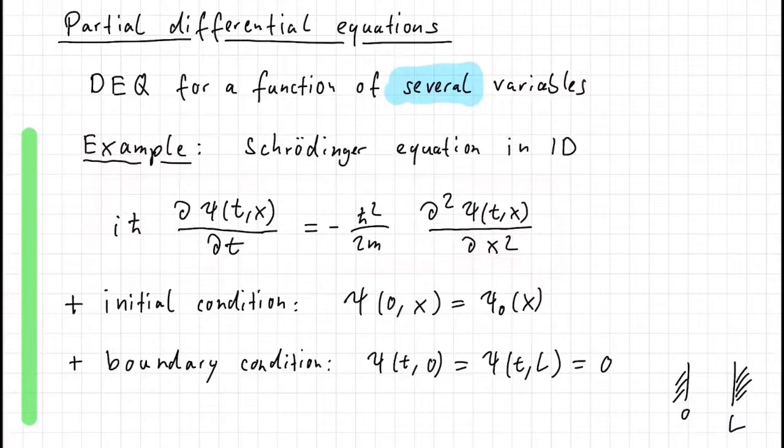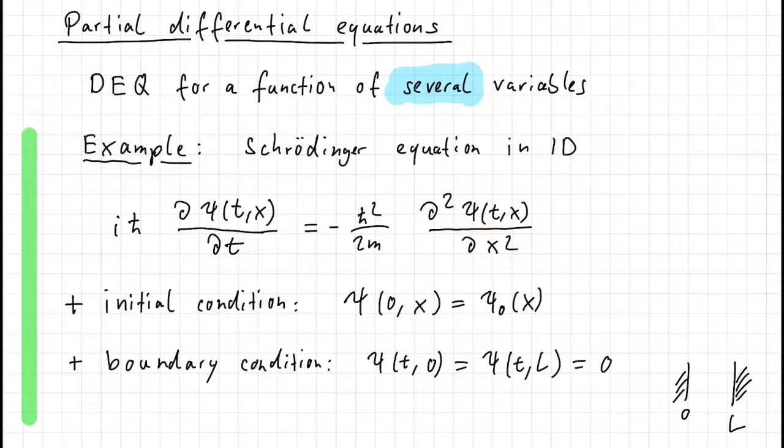In this case, we have a wave function that is denoted as psi, which depends on two variables, namely, on the one hand, the time t, that describes the time evolution of the wave function, and the position x, which corresponds to the position space that the particle can be. And as you can see in this differential equation, we have a derivative with respect to t on one side and a derivative with respect to x, or actually a second order derivative with respect to x on the other side.